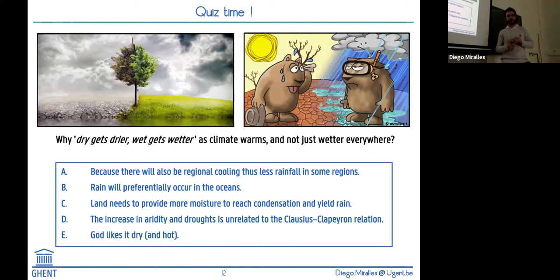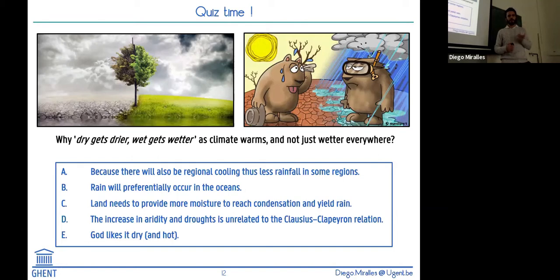Now, one of the reasons can be that we also have some regional cooling, and that's where we expect the drying. It can be because rain will preferentially occur over the oceans. It can be because land has to provide more moisture to reach condensation.